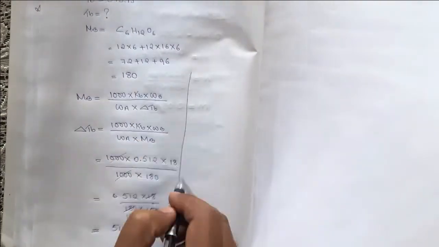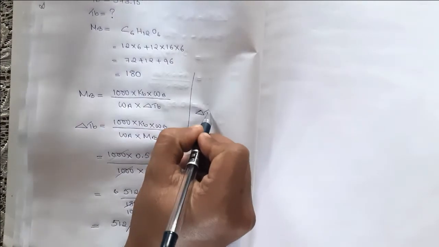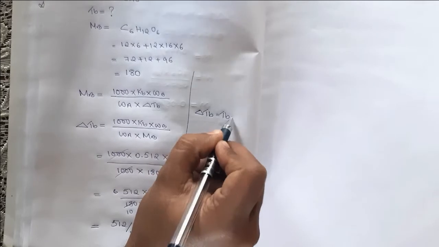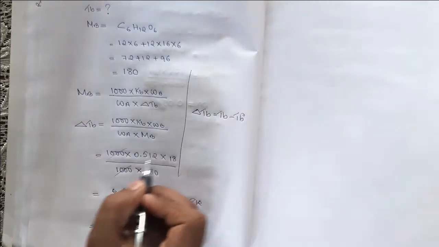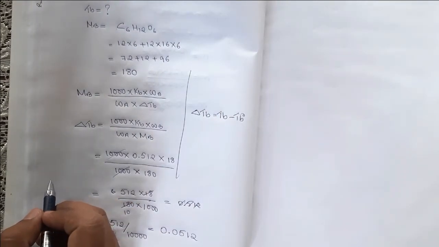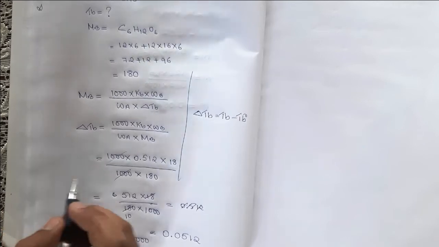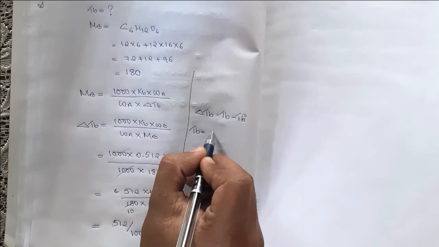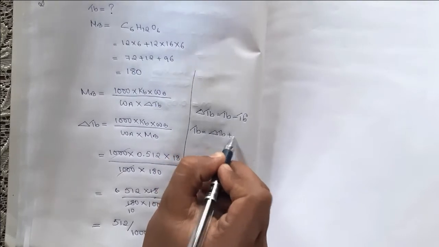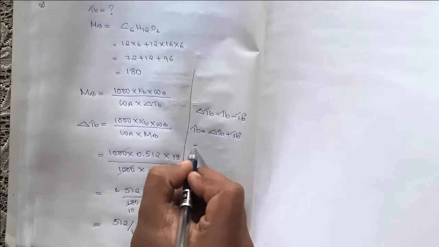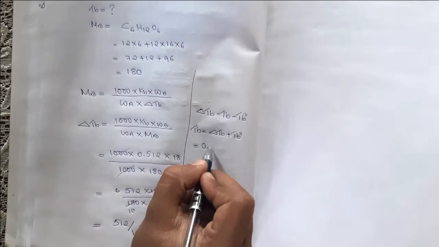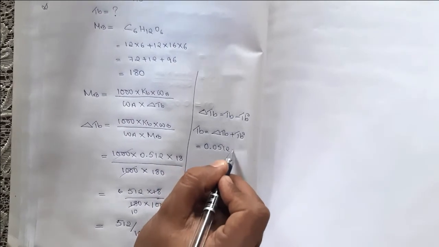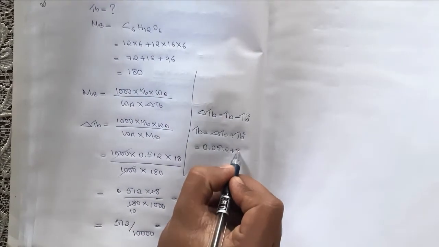So the formula we have is delta TB is equal to TB minus TB naught. This is the formula we have. So TB is equal to delta TB plus TB naught. Delta TB is 0.0512 plus 373.15.